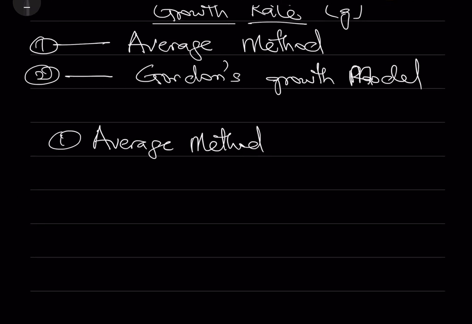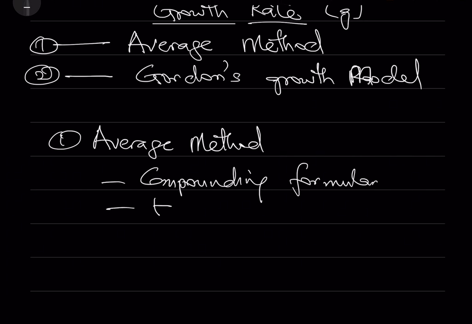The average method leverages this formula, a very popular formula in financial management. It's called the compounding formula. You ever heard of the compounding formula? Some people call it the compounding formula, some people call it the future value formula. It's the same thing, and I'll write the formula now.